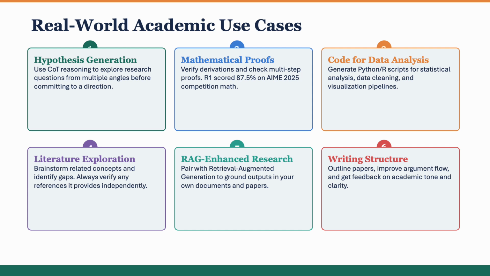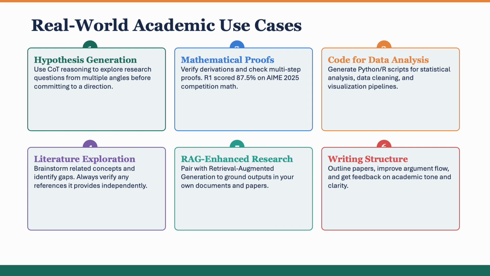Third, data analysis. It can write and debug analysis code in Python and R, interpret statistical output, and suggest additional analyses. The paper reports a Codeforces rating of 2029, placing it in the top 96.3 percentile of human programmers.